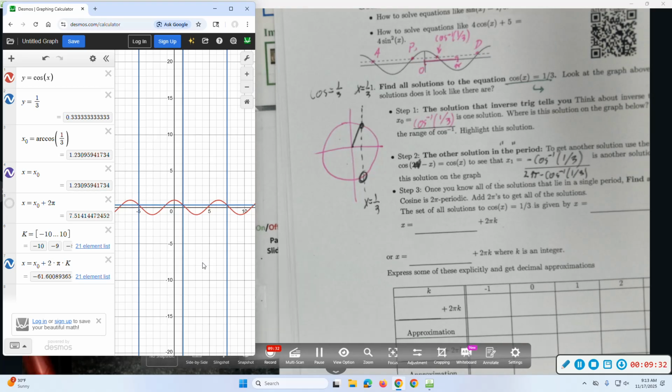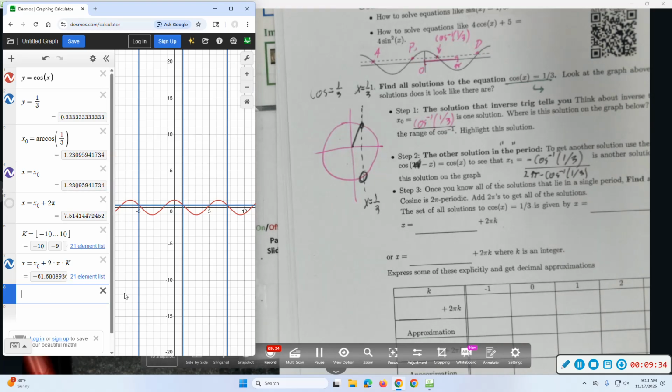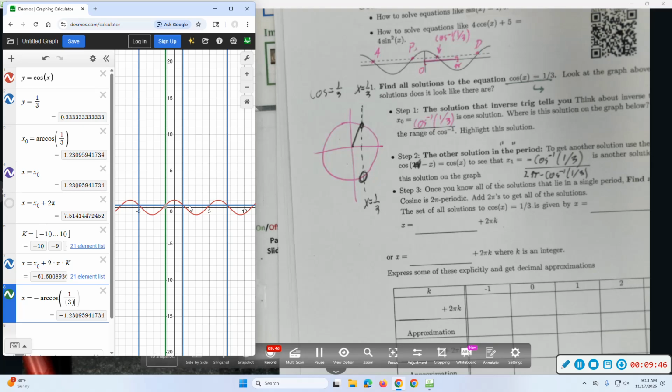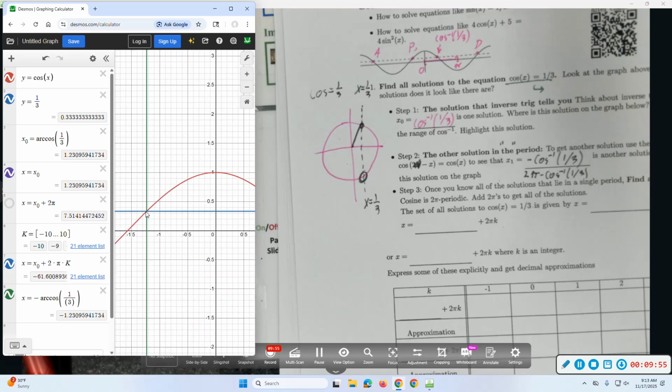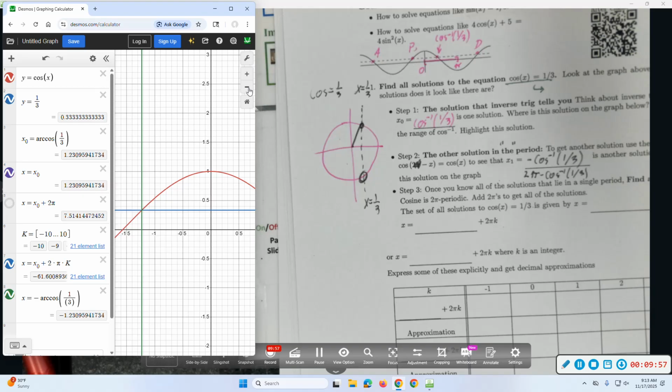Let's check those two and see what they tell us. So x equals negative cosine inverse of 1 over 3. Does that give us another solution? Yeah, the green line crosses the graph at one of the points where the blue line crosses the graph, so that's an x value of another solution.